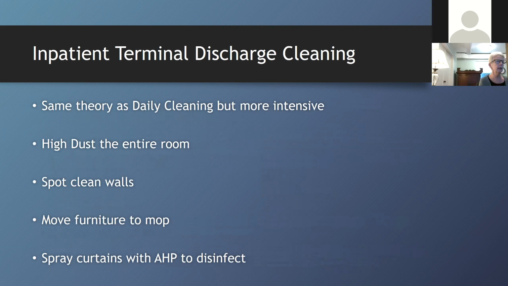Everything they do in daily cleaning, but they ratchet that up, which might include high dusting the entire room, spot cleaning the walls at terminal cleaning. At time of discharge, there's no need to clean every inch of the wall, but certainly to identify if there's been some sort of splatter on the wall to make sure that's cleaned. Actually moving the furniture in the room to mop and to clean underneath it.